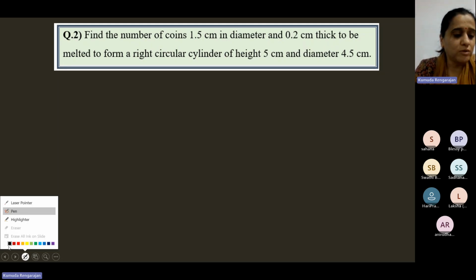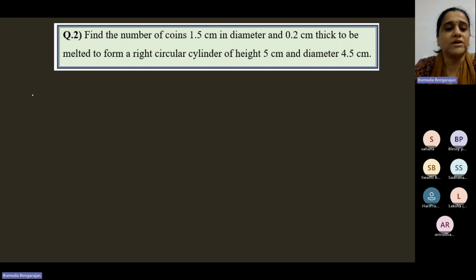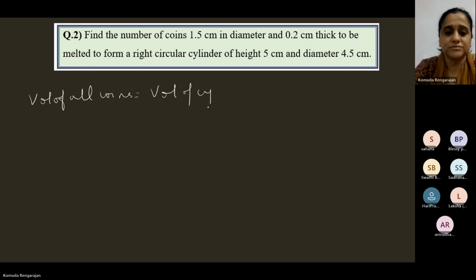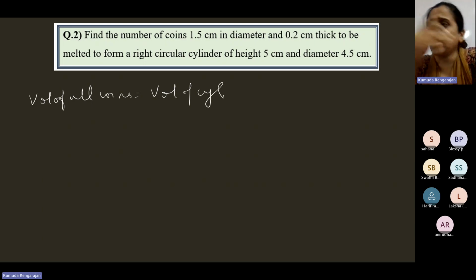This is the equation: volume of all coins is equal to volume of the cylinder. I told you, when one thing becomes another, their volumes will be the same.